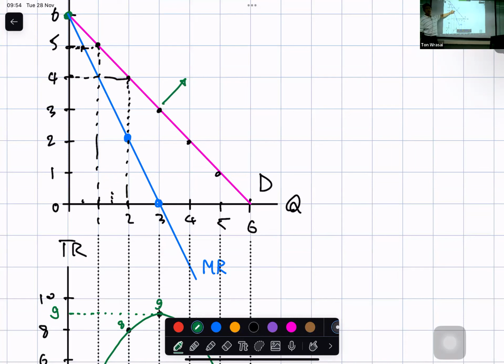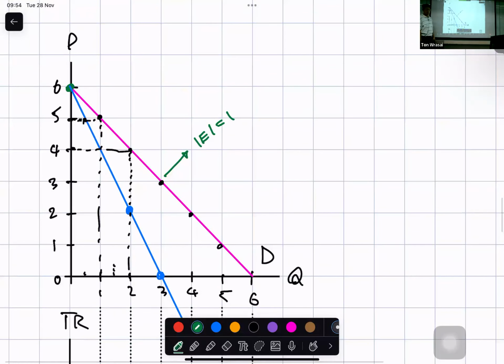And the knowledge from the elasticity chapter is that at the midway of the demand curve, price elasticity of demand is equal to 1 in magnitude. Okay, we quickly write it here: absolute E equal to 1. Yeah, we are talking about price elasticity of demand.